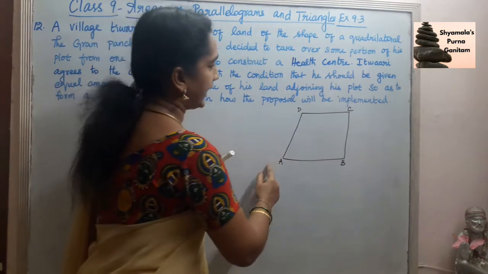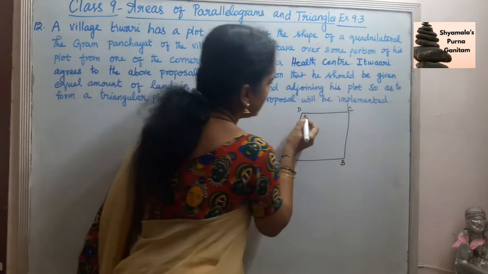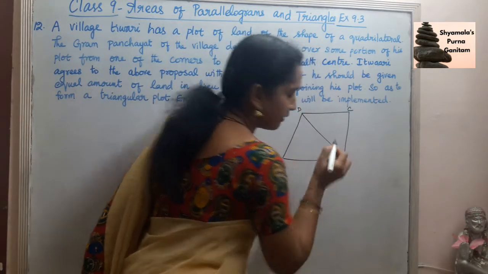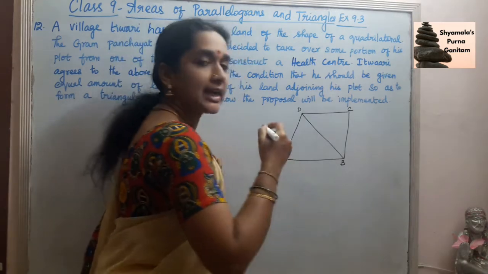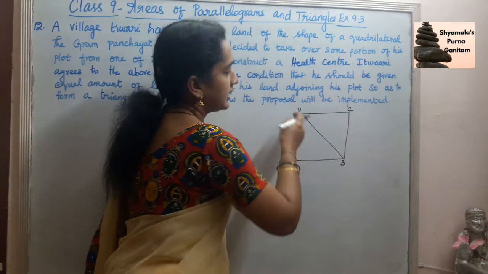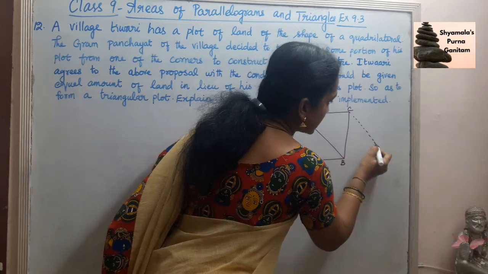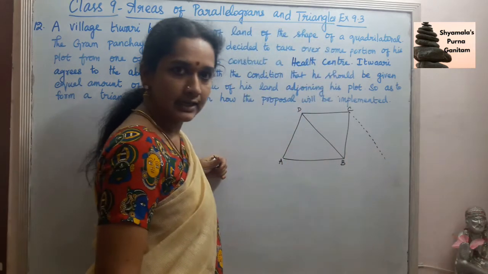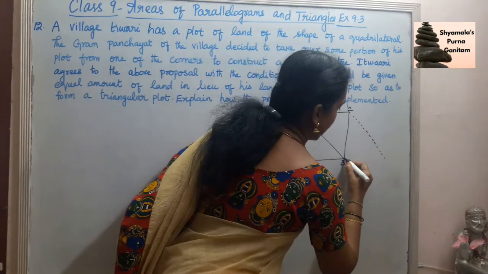So we will take ABCD as a quadrilateral. Then we will join the diagonal BD. Then we will construct a line through C that is parallel to BD, and extend this line.